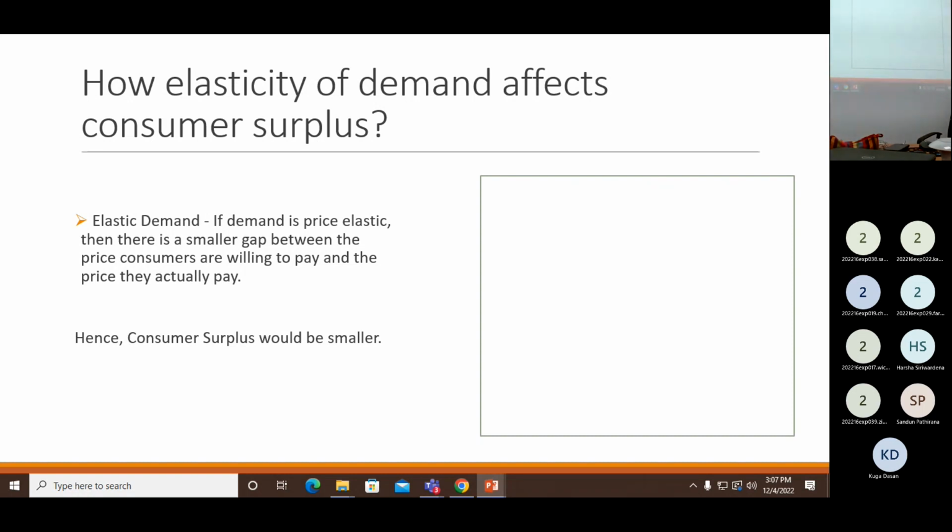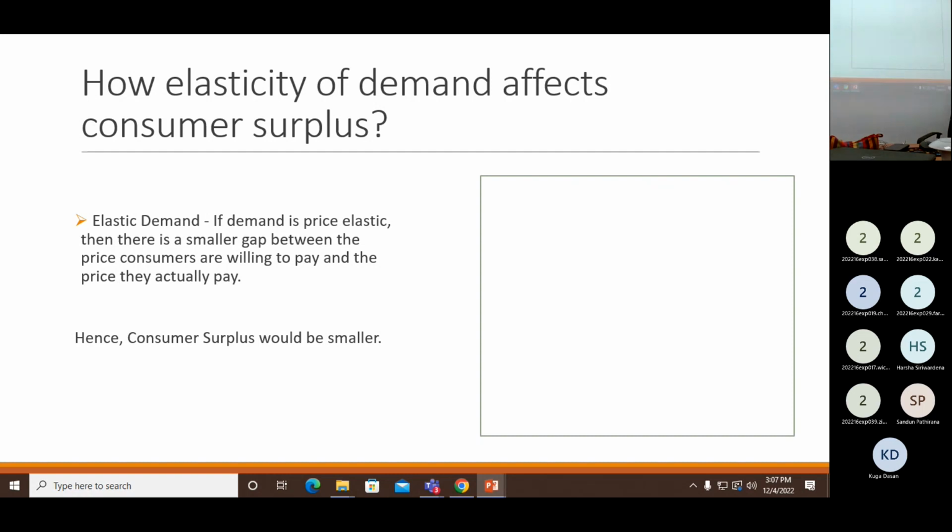The demand curve should be flatter, and your supply should be very thin. Did you draw? Show me.